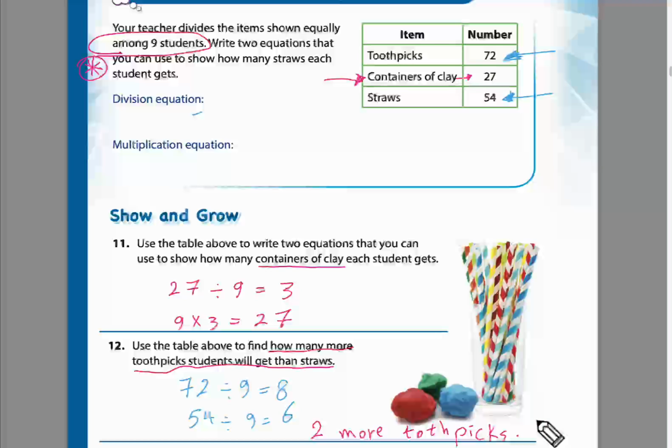Okay, my heroes, please finish writing quickly. Then we will move to question 13. Try to solve question 13, my heroes. What is the page? In the same page.